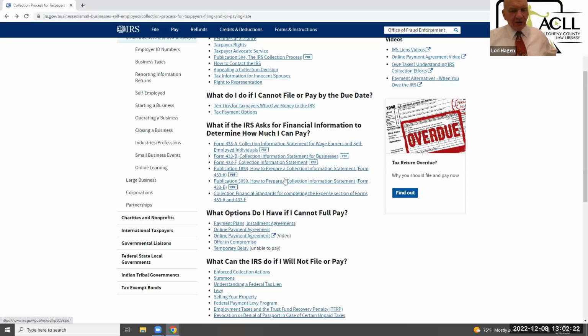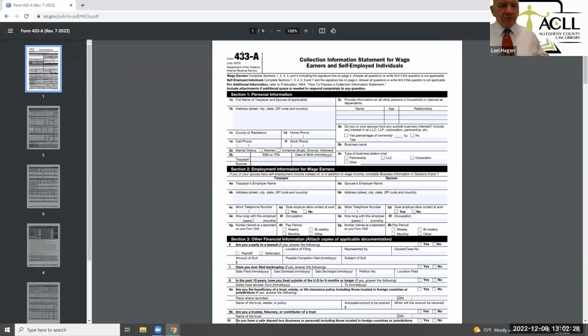Here, what you'll have to do, and I've clicked on Form 433-A, is provide information. Whether you were self-employed or a wage earner, I'm just going to use this because it's kind of the same for anybody.